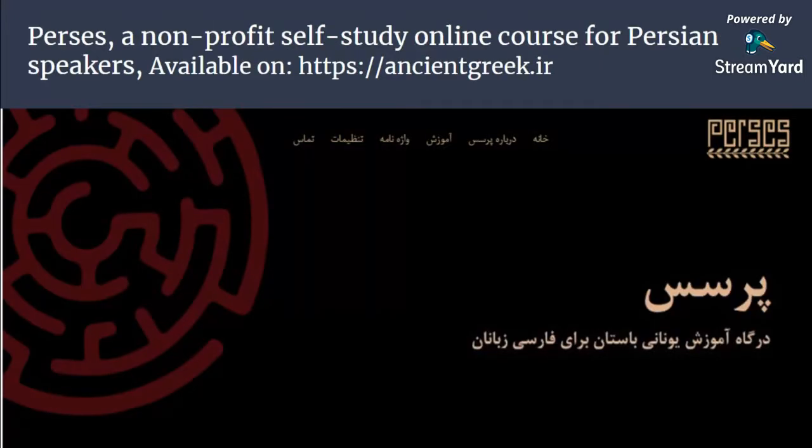So another source that is available is Persis, which is an online self-study course written all in Persian. I started Persis as a self-study course 2 years ago for students to be able to access Perseus Digital Library and use the data available on Perseus much more easily.